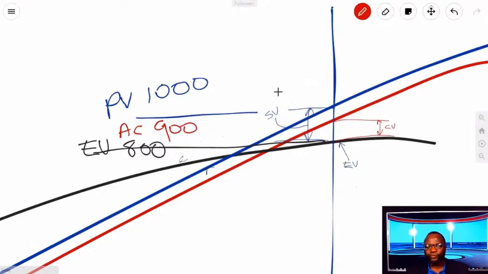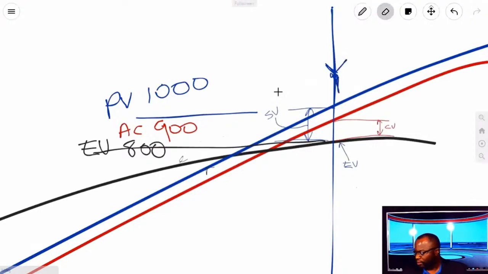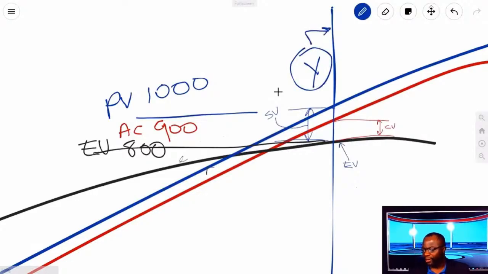So, to convert this into real terms, you plan to get $1,000 worth of work done at that point. Remember, we're talking about point Y. At point Y, this point right here, you planned to get $1,000 worth of work done, but you only got 800.